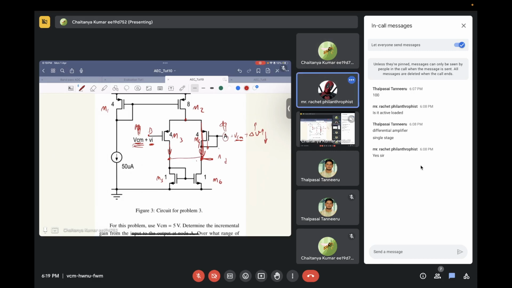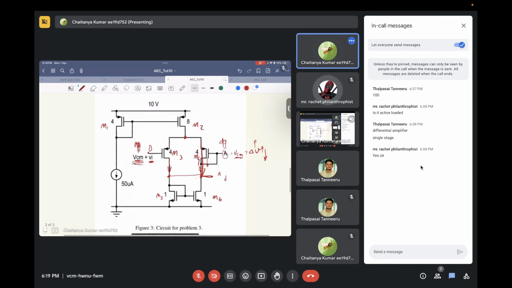Now, there is a fixed current of 100 microampere flowing through transistor M8, correct? Yes, sir.